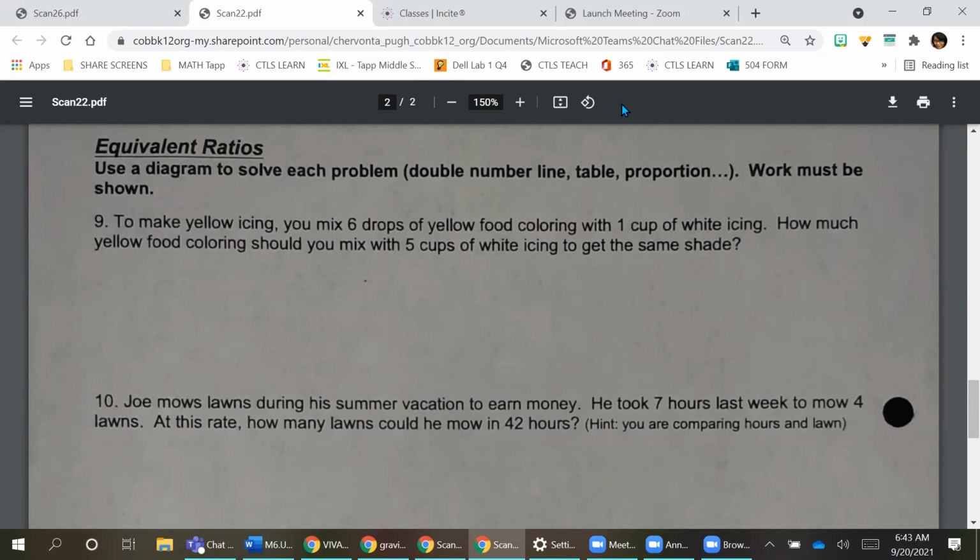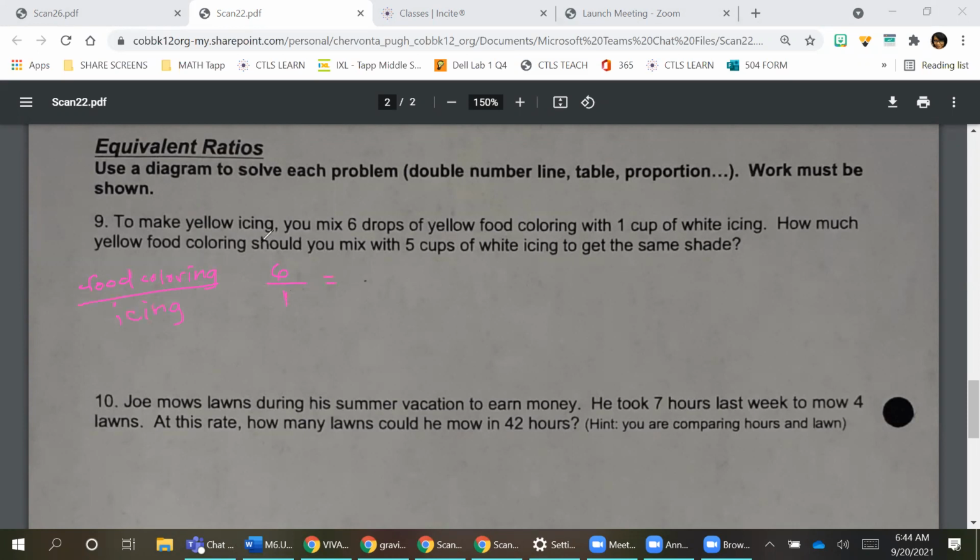So I am going to write a proportion. I'm going to compare food coloring to the icing. So that means it's 6 drops of food coloring to 1 cup of icing.